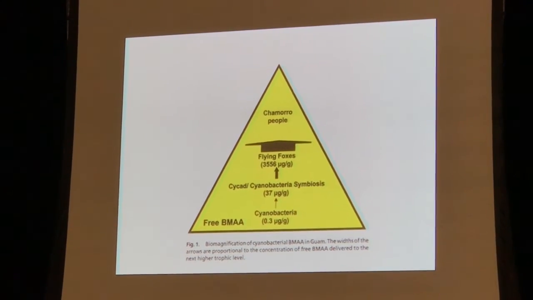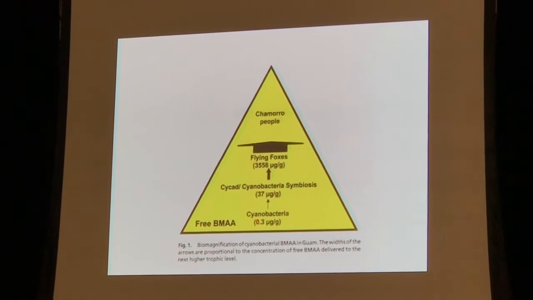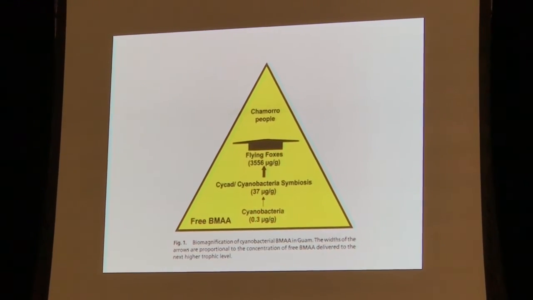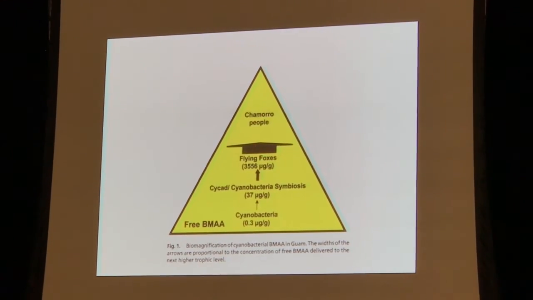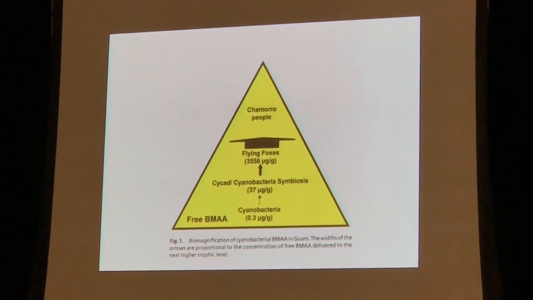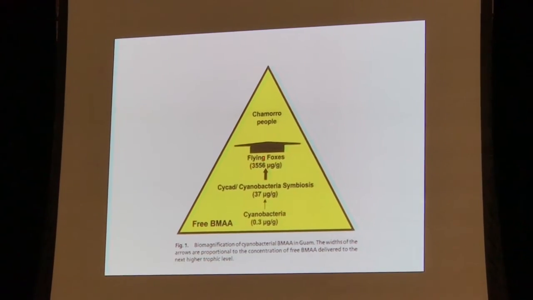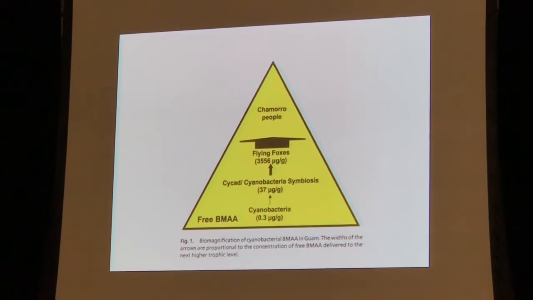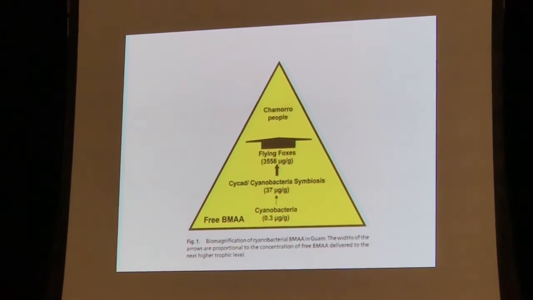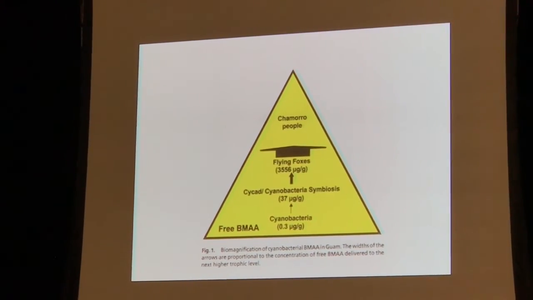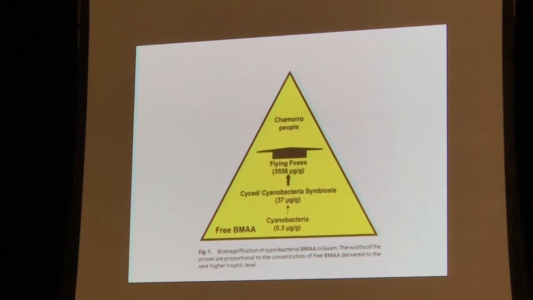These cyanobacteria produce this BMAA compound, and it biomagnifies up this unusual food chain to the fruit bats. So the people eating fruit bats were getting huge doses of this BMAA. Remember that number, 3,500. And in some of these villages in Guam, 25% of the people died from these neurodegenerative diseases.